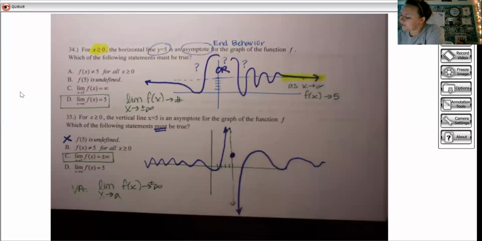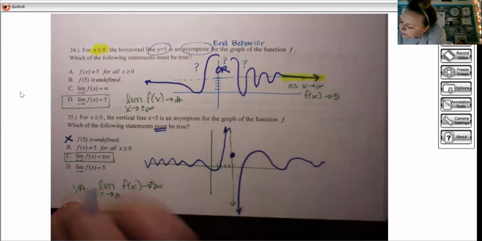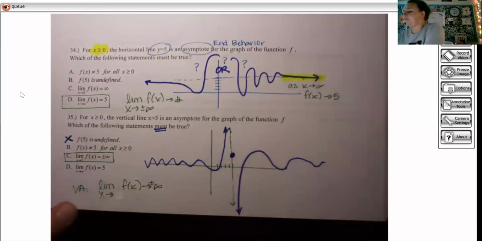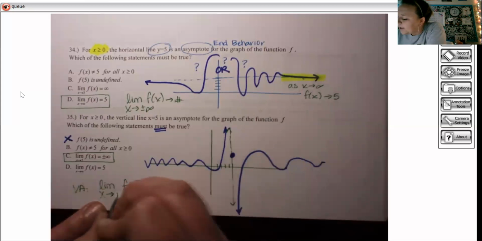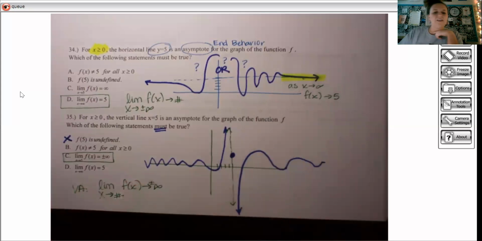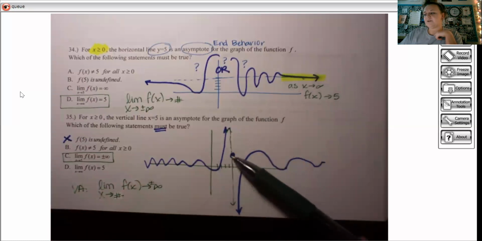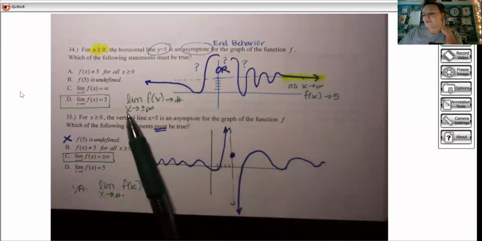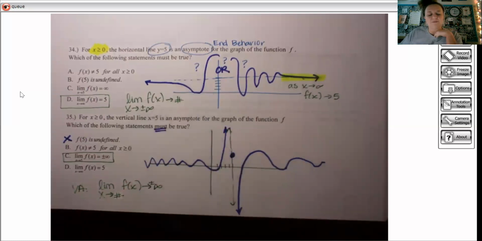Actually, let me change this so it's not an A. I'm just going to put a number symbol there. So if your x is going to a number and your y's are going to infinity, that's a vertical asymptote. Versus if your x is going to infinity, that's a horizontal asymptote.